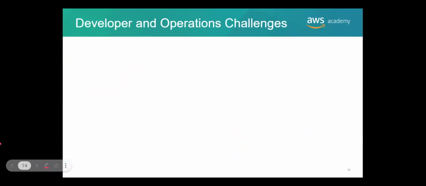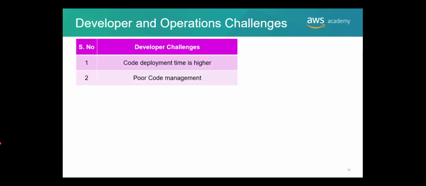Now, what are the developer and operation challenges? Let us say what are the development challenges. Code deployment time is higher, and poor code management also. Sometimes the code will not work. When you use your applications, sometimes some applications will not work properly.